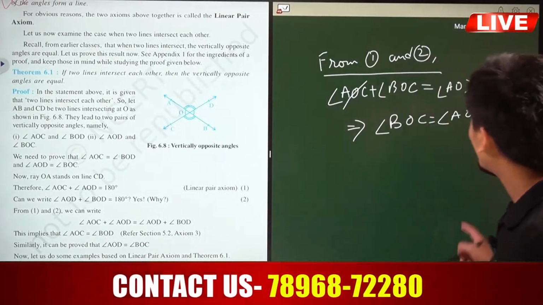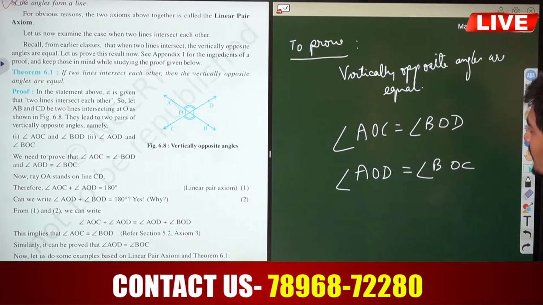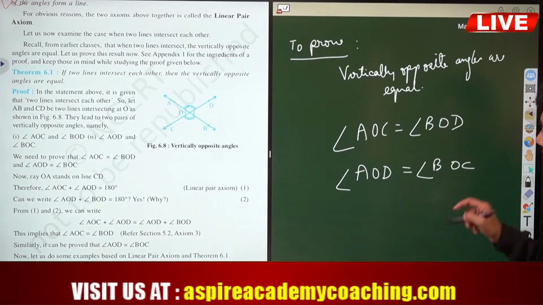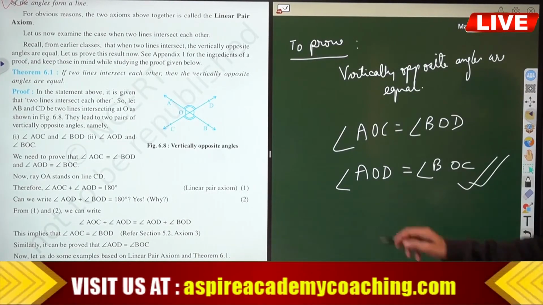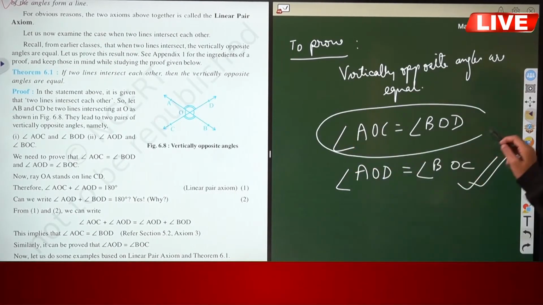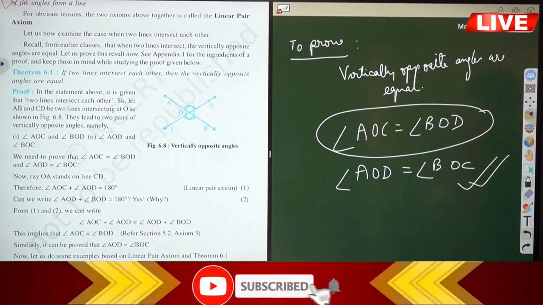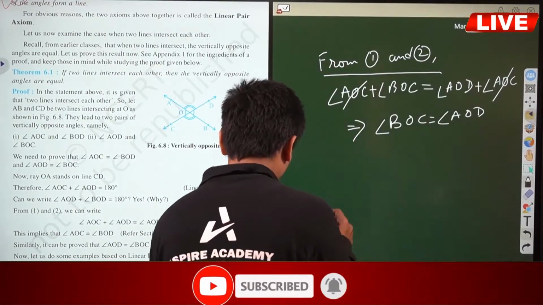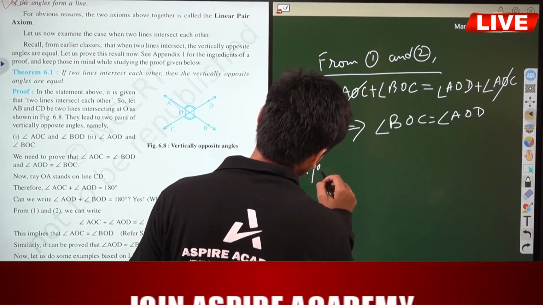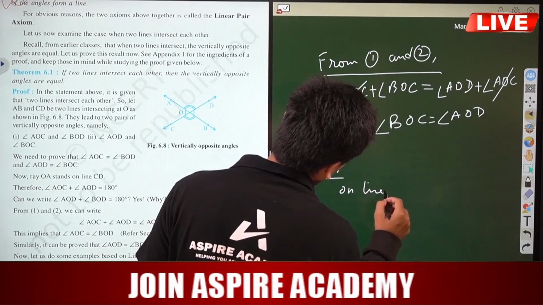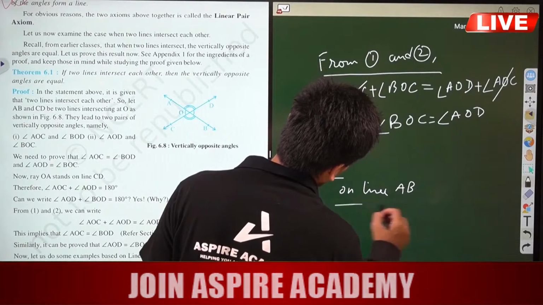So we have first proved the first part, that is angle BOC is equal to angle AOD. Next, we need to prove angle AOC is equal to angle BOD. So again, on line AB.